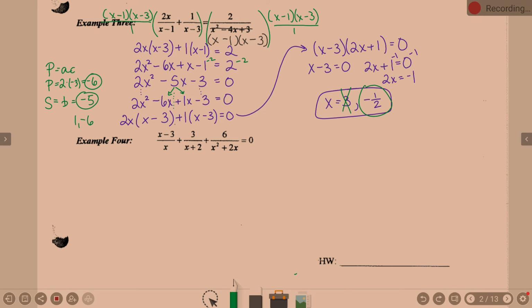So you'd want to have like 2x over x minus 1 plus 1 over x minus 3, and then minus that 2 over x squared minus 4x plus 3. Okay? Again, once you see something makes the denominator equal to 0, though, that's a pretty good check. Okay? One more?